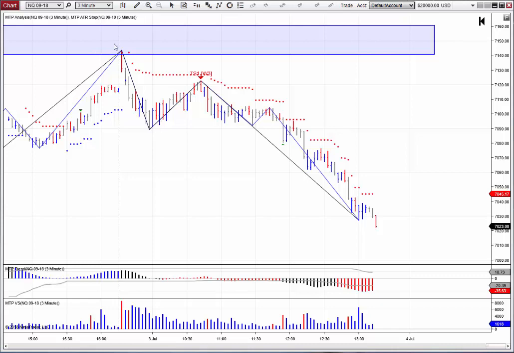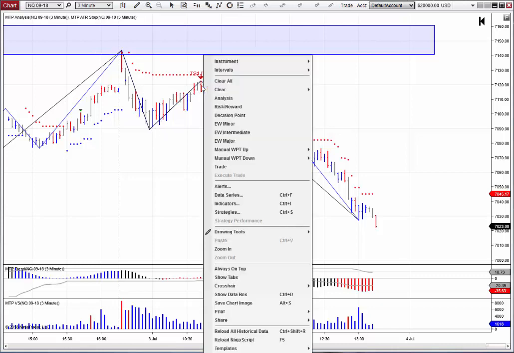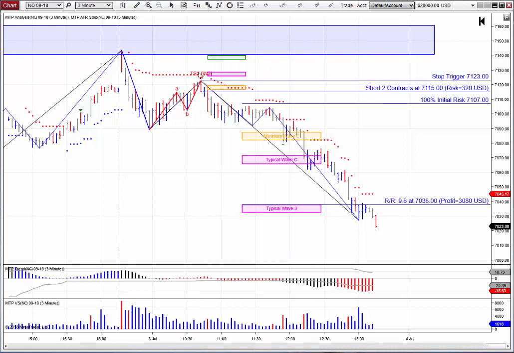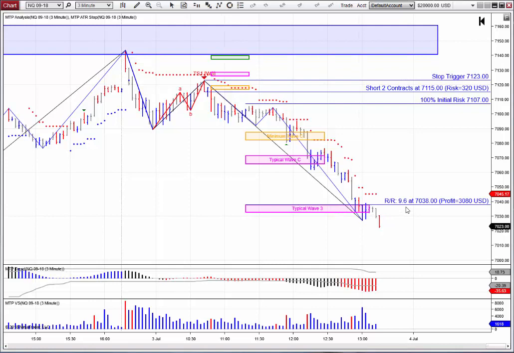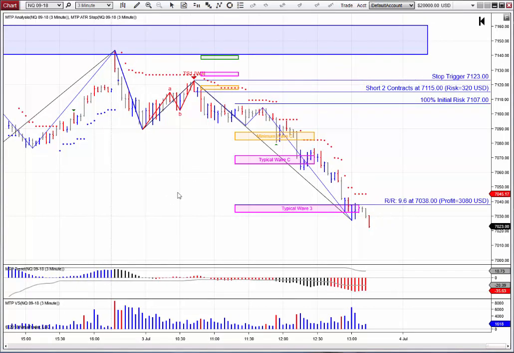Start of the sequence at the higher time frame DP, initial decline wave 1, initial correction subdivides into a minor ABC for wave 2. We're then looking to trade the wave 3 for a profit that's much larger than initial risk. And as you can see, yesterday was an absolutely perfect example that unfolded on our 3-minute chart of the NQ. Our MTP trend indicator, which you can see down the bottom here, also turned red to help give you confirmation that the larger degree trend was indeed turning down as well.